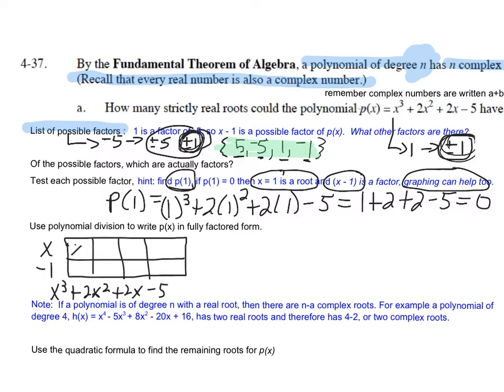So I start by putting x squared in here, and x squared times x gives me x cubed. x squared times a negative 1 is a negative x squared. And now 3x squared plus a negative x squared gives me 2x squared.